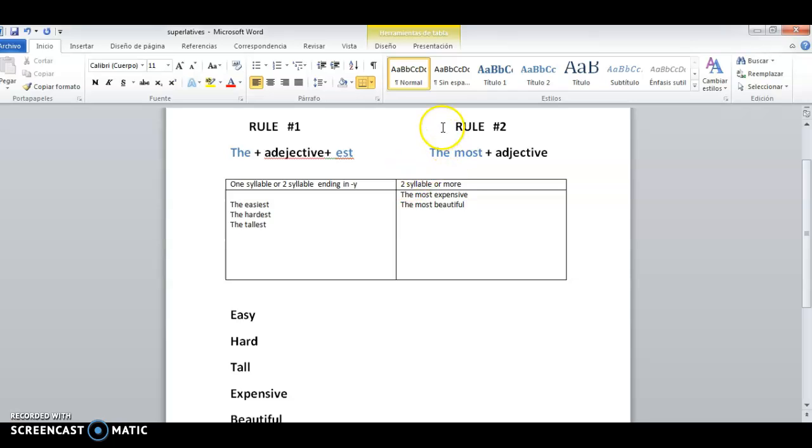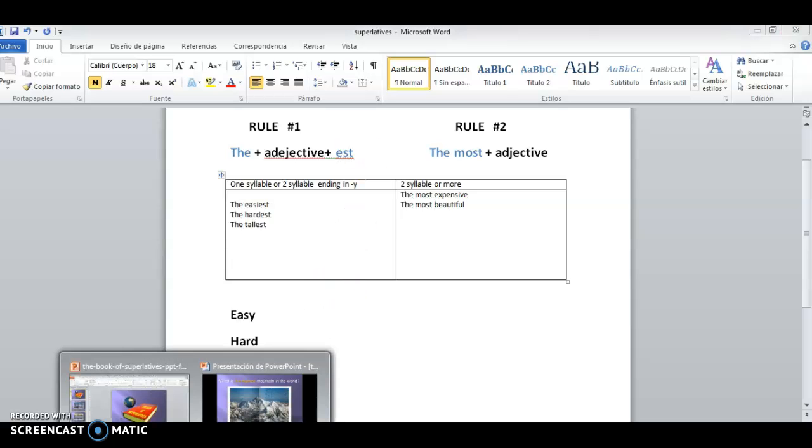This rule number 2 is very easy because it's exactly like we do it in Spanish. With this, it's kind of more complicated because this syllable means like the most.